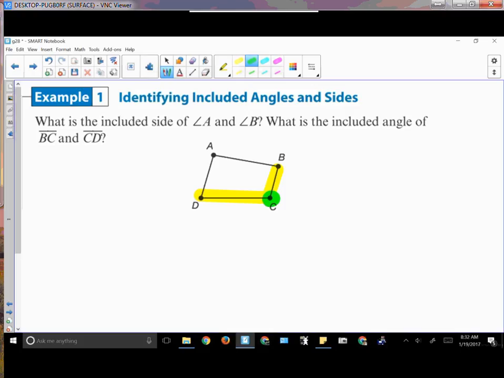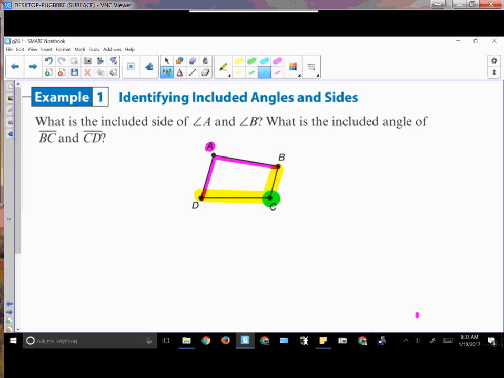Now, if I want to know what the included sides of angle A are, so I'm looking at angle A, which is right here. What are its included sides? Well, that would have to be here and here. So that means the included sides that make up angle A would be side AB and side AD.